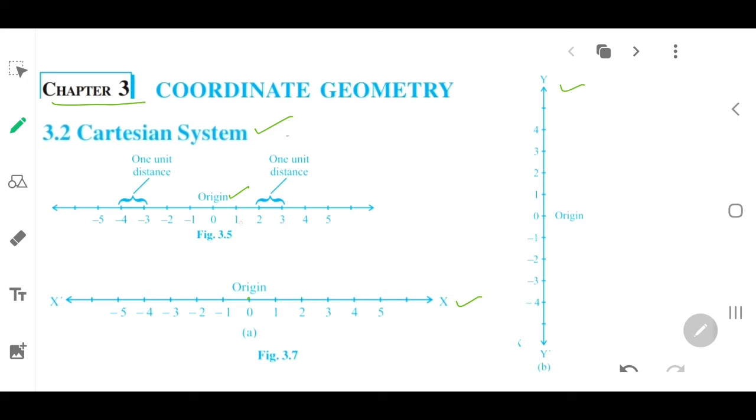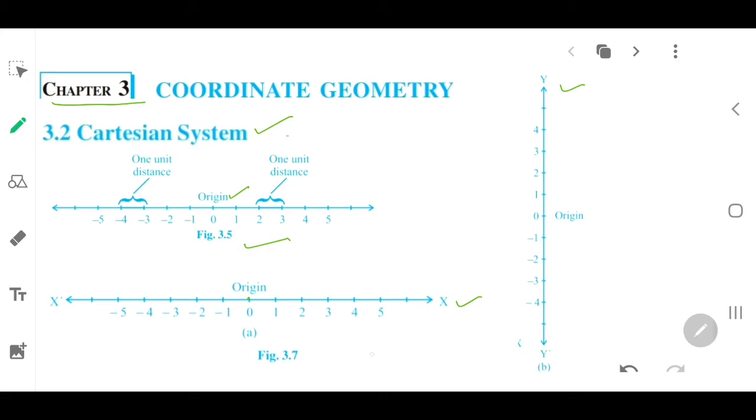Here we can see one unit distance, such as 0 to 1, 1 to 2, 2 to 3, and it goes on. On the left hand side you will find all negative values, and they are all equidistant from each other. That means they are at the same distance.